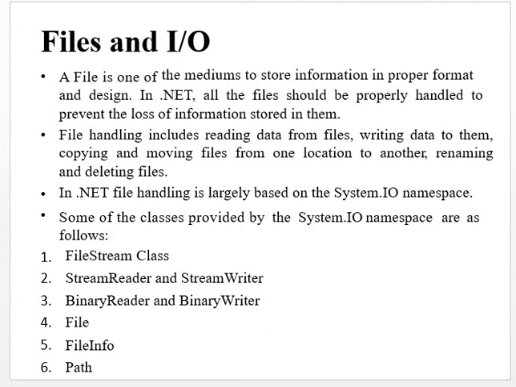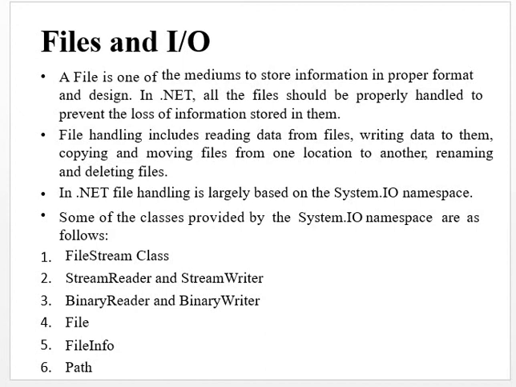So we are going to use the file class, and we are going to understand which class is basically used for which purpose. File handling includes reading data from a file, writing data to it, copying and moving files from one location to another, renaming, and deleting. Such kinds of operations will be performed on the file.